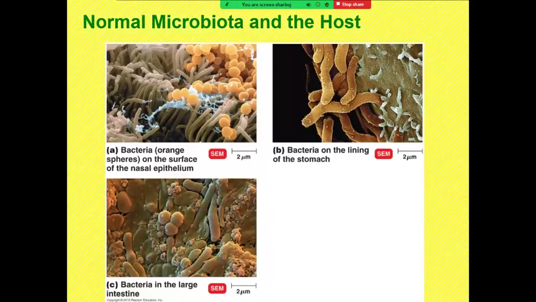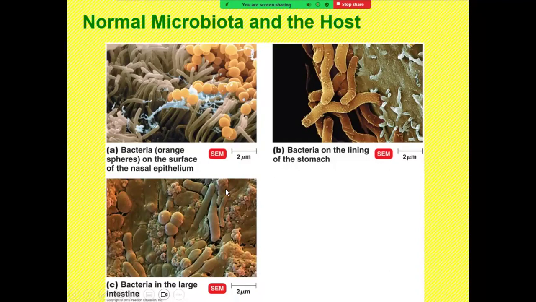Here are some pictures of the normal microbiota in the nasal epithelia. This is the cilia of the nasal epithelia, and the cocci are the normal bacteria. There's some normal bacteria in the lining of the stomach. That right there is part of the stomach, and those are the villi in the stomach.